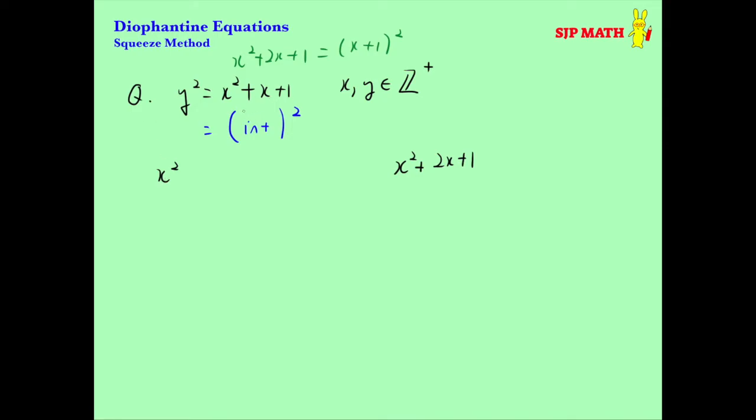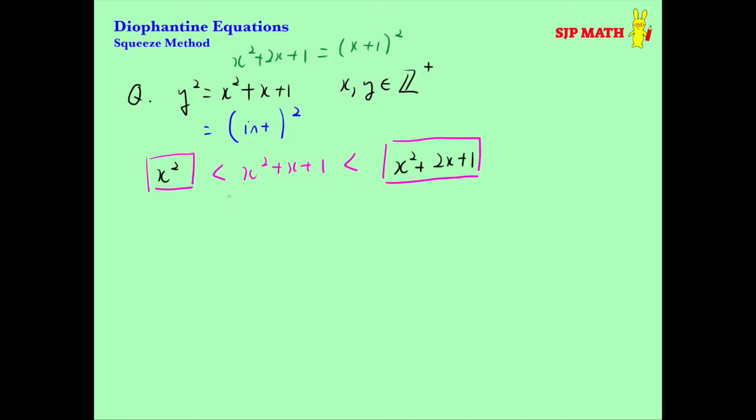So we found the square of an integer expression in x that is smaller than this, and a square of an integer expression in x that is bigger than our given expression. So x squared plus x plus 1 is between these two: it's smaller than this and bigger than this.